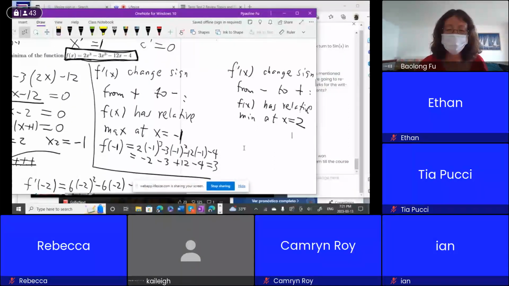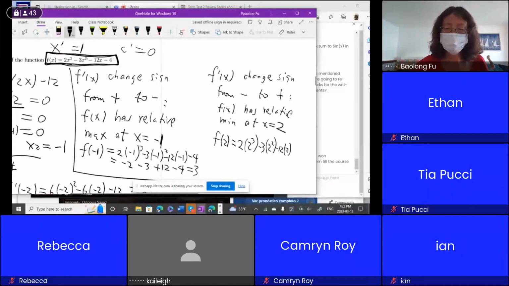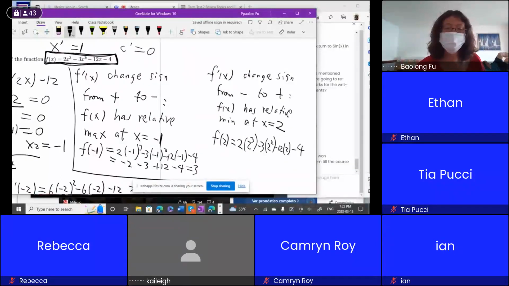So what is the minimum value? Calculate f of 2. Plug 2 into the original function: 2 times 2 raised to power 3 minus 3 times 2 raised to power 2 minus 12 times 2 minus 4. So 2 times 8 minus 3 times 4 minus 24 minus 4.